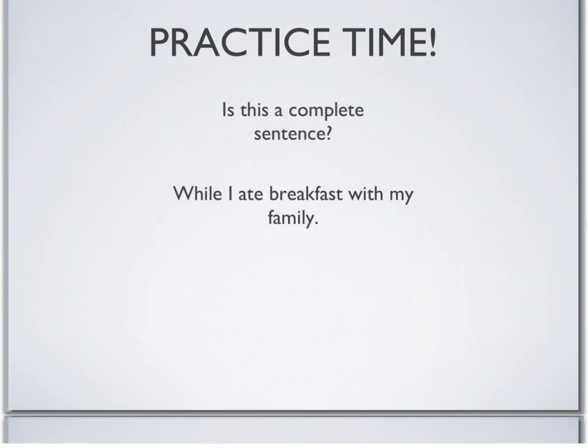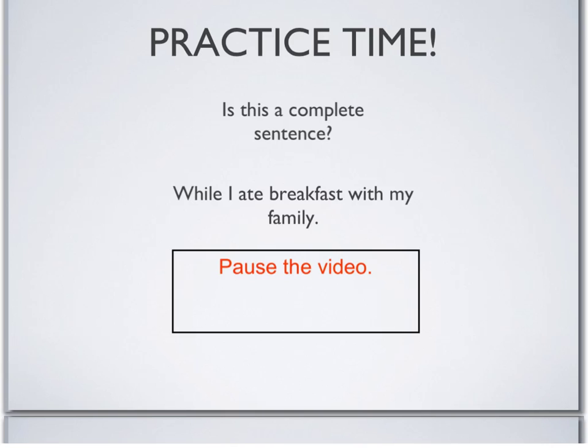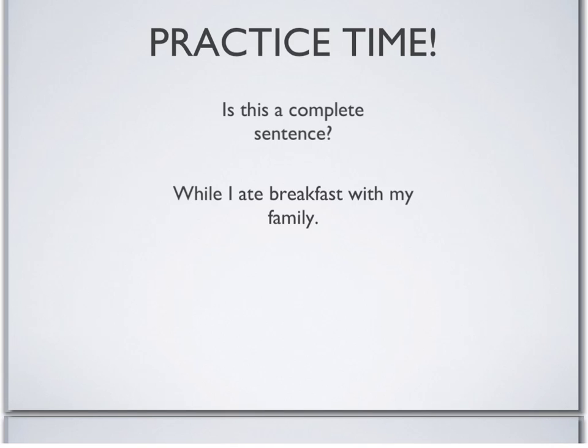Here's another practice sentence. Pause the video while you think of your answer. This sentence has a subject. I is the subject. This sentence also has a verb. Ate is the verb. However, I see a connecting word, while. While's not and, or, but, so, or because, but it is another word that shows connecting two ideas.